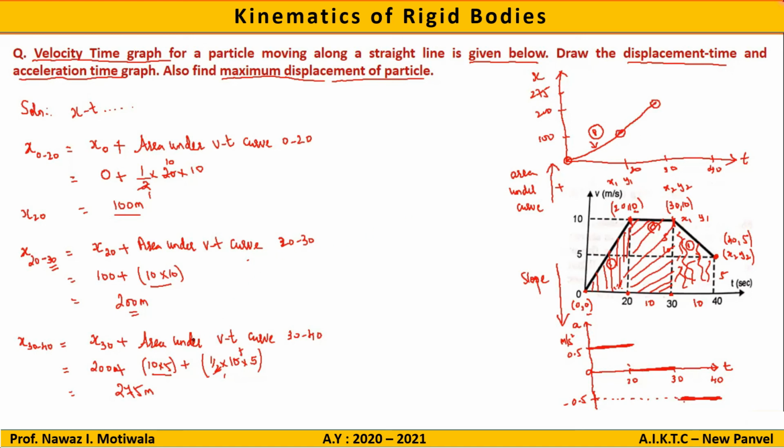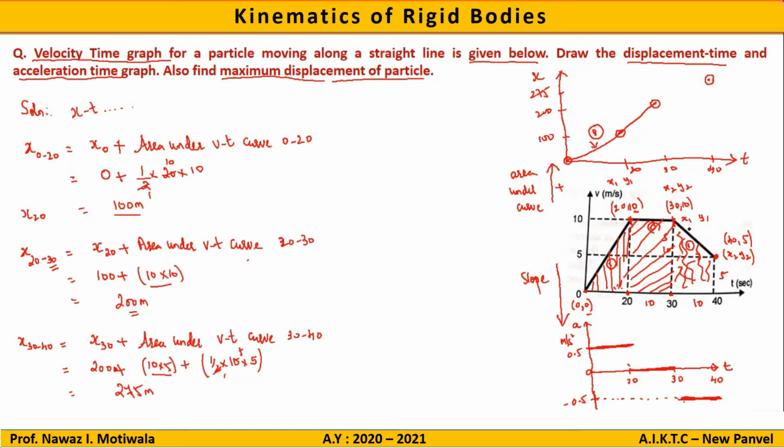Third part is 275. So at t equal to 30, we already had 200 meters. At t equal to 40, we have 275 meters. So at t equal to 40, the x is 275 meters. So this is my point. Now I want to join these 2 points. How to join? Again simple.